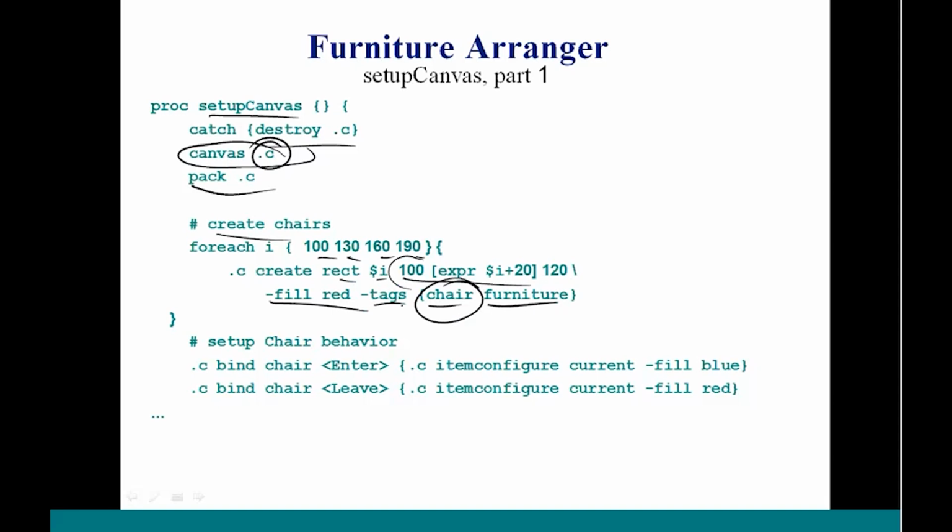For that we use the bind command, where we capture the enter event, and then we take the current item and fill it with blue. If the leave event is given, then we fill it with red again, so that it can be moved.